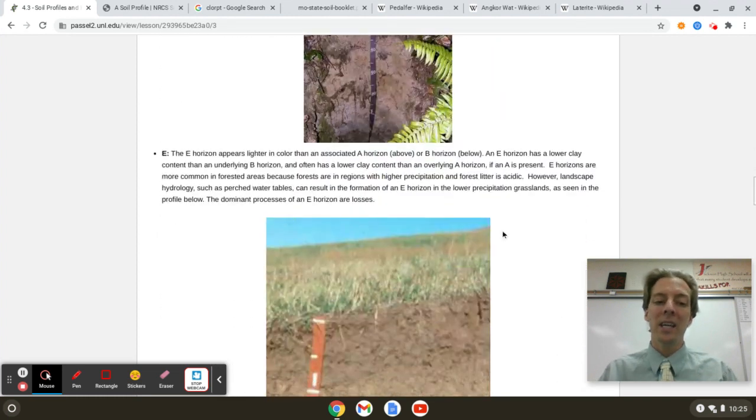And then E. E is not always present. First of all, E does not have to exist. But the way we said that the clay leaches out of A and builds up in B, sometimes if you get that to an extreme level, you get an E horizon. It has lower clay content than the B horizon and lower than the A horizon, if the A is present, right?